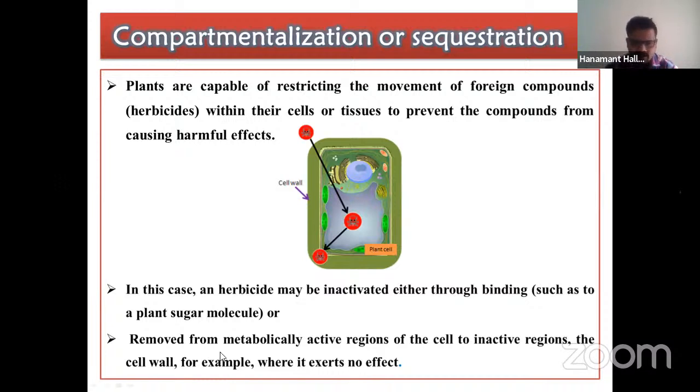Herbicides may be inactivated through binding, or removed from the metabolically active regions to an inactive region. So herbicides won't get entry into the plant system, and the plants will not get affected. Through this mechanism, some of the plants escape. That is compartmentalization or sequestration.